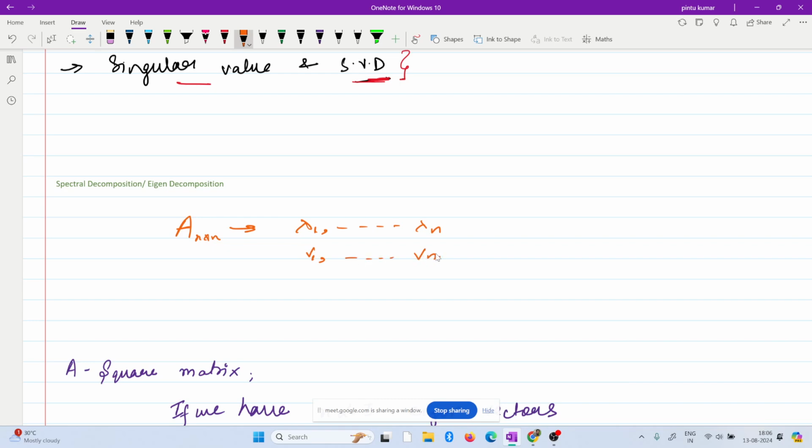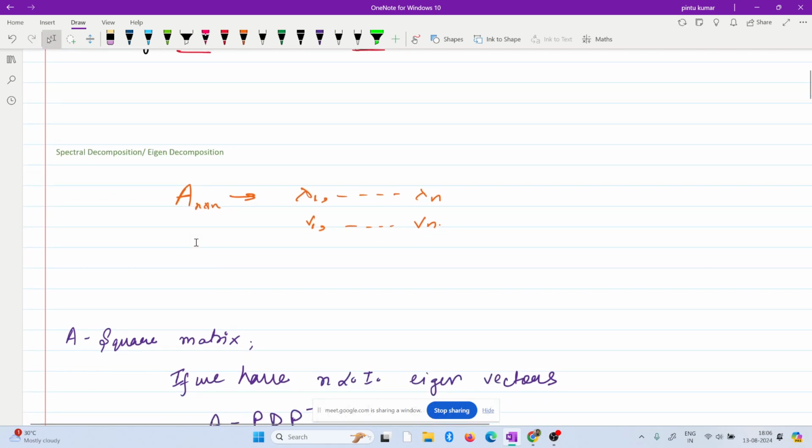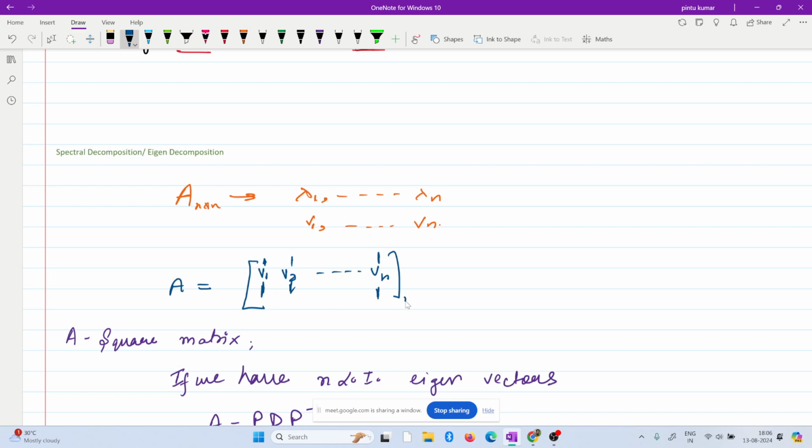Then you can write A as a product of three matrices, where the first matrix is such that V1 is its first column, V2 is its second column, and so on. So this is again an n cross n matrix, right? Because each vector is of length n and you have n of them.